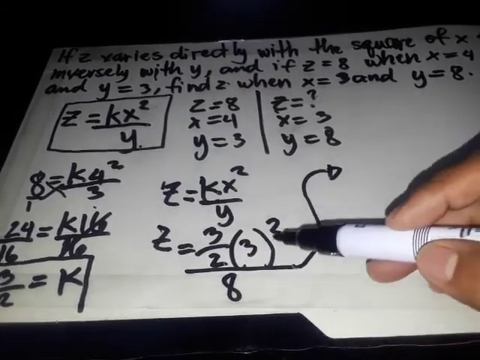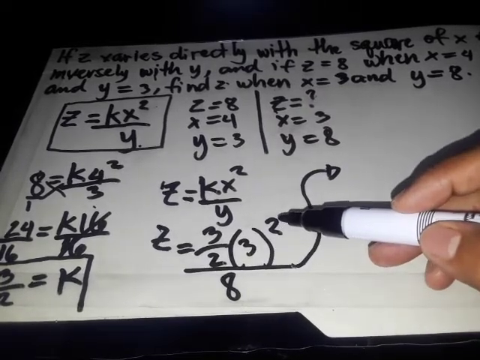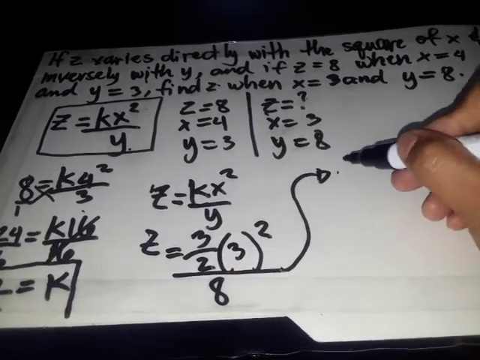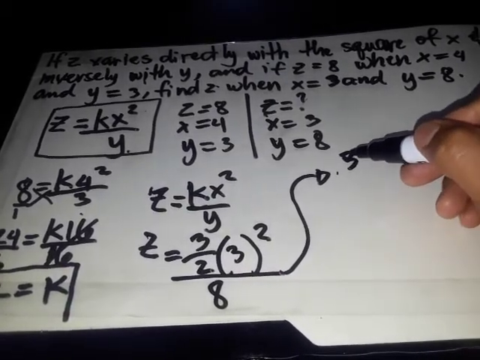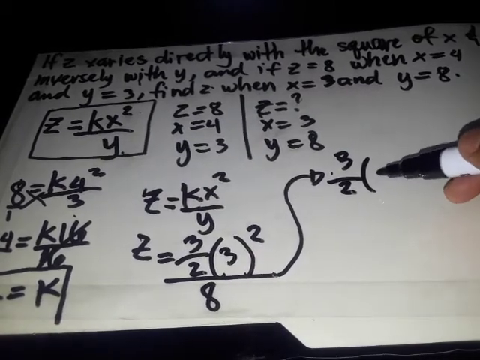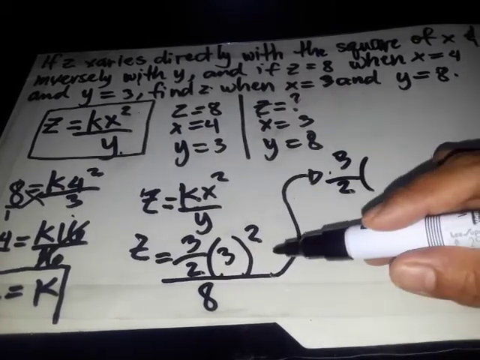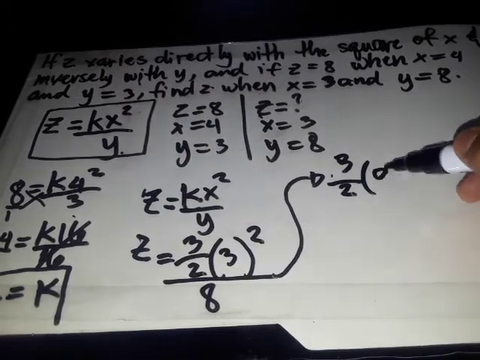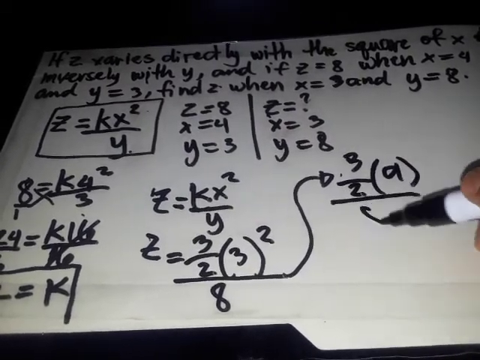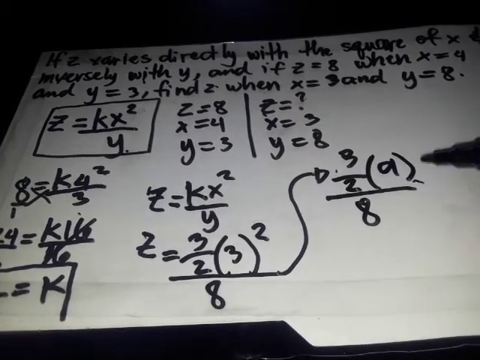Unahin muna natin ang 3 squared. PEMDAS or GEMDAS. Okay? Order of operation. So, we have 3 halves multiplied by, ang 3 squared ay 3 times 3 is equal to 9 all over 8. Next.